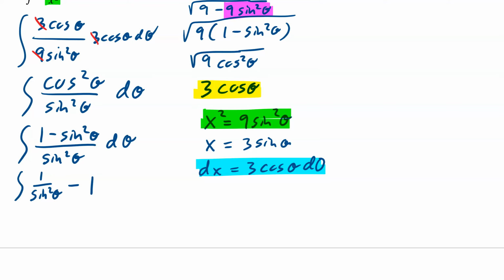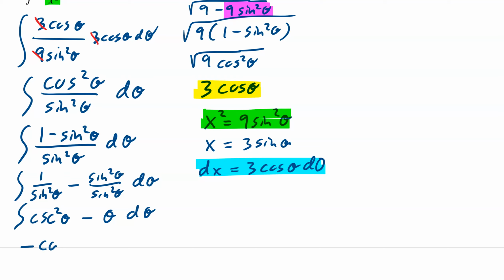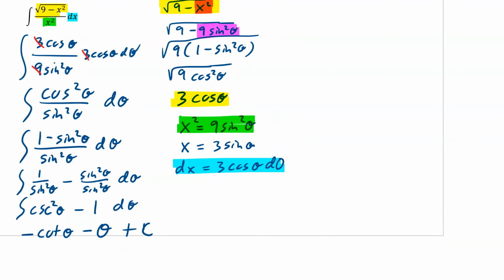I'm going to actually write it as sine squared d theta. And then this becomes cosecant squared theta minus 1 d theta. And that can be integrated. So we end up with negative cotangent theta minus, it's not theta, it's 1. See, I'm already ahead of myself. Theta plus c. I knew what it would become.